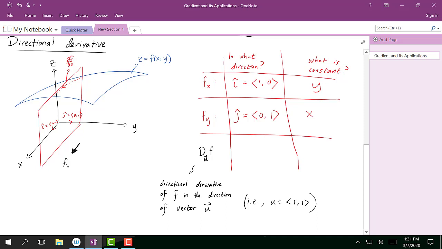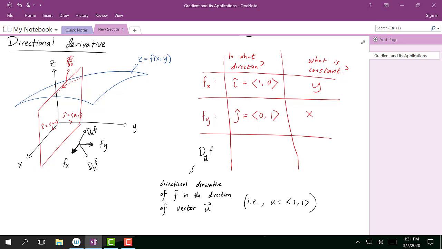The partial derivative of f with respect to y, we're going primarily in this direction along the positive y-axis. What directional derivatives allow us to do is take derivatives in any direction, like this, or something like this. And so we need the concept of a direction vector to get us to the point of understanding directional derivatives.